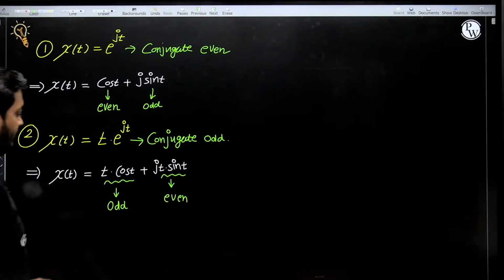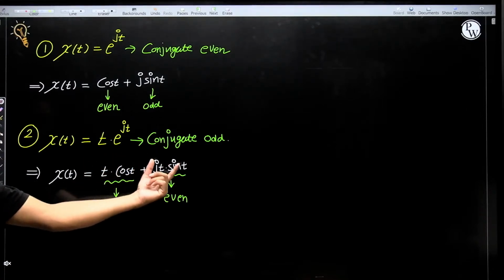So here you can see the real part is odd and the imaginary part is even, for the conjugate odd.